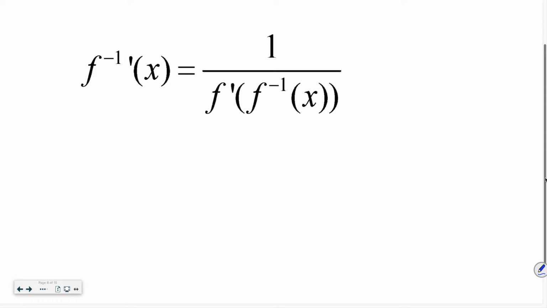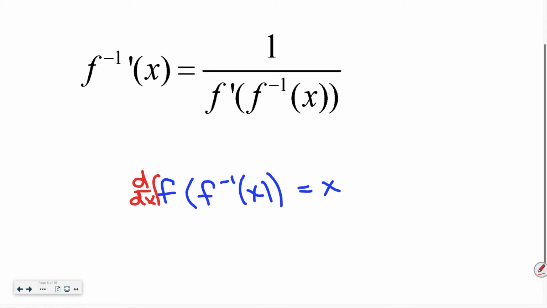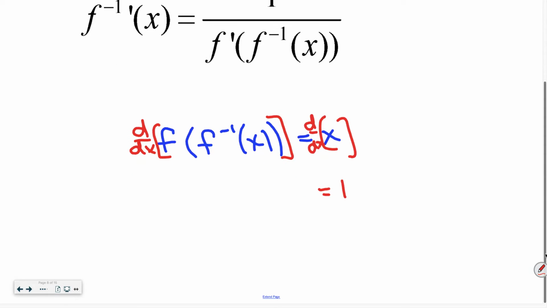Okay, so first of all, what do we know about f composed with f inverse? What do we know about that? When we compose a function with its inverse, it equals x. Okay, we know that. So I'm going to take the derivative of both sides. All right, what's the derivative of x? That was nice, right? Okay.